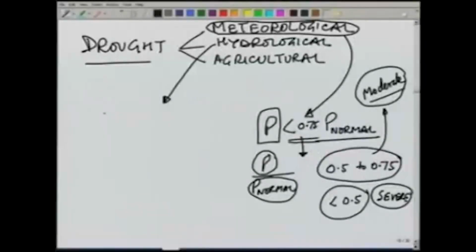Therefore, hydrological drought is defined based on stream flow being less than normal, or we can use some other parameters, for example, soil wetness, soil moisture, or we can have groundwater.